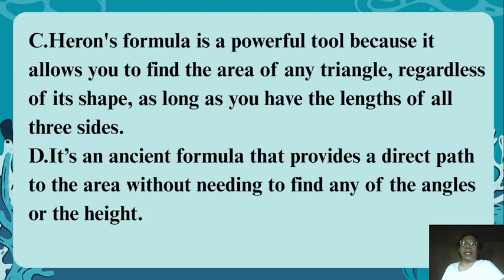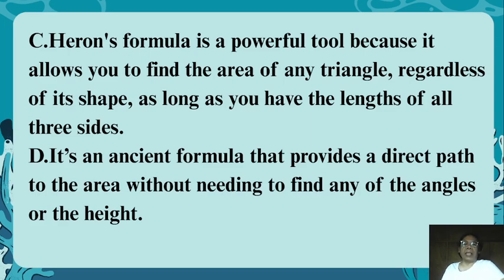Heron's formula is a powerful tool because it allows you to find the area of any triangle regardless of its shape, as long as you have the lengths of all three sides.